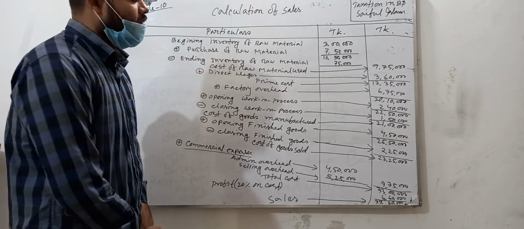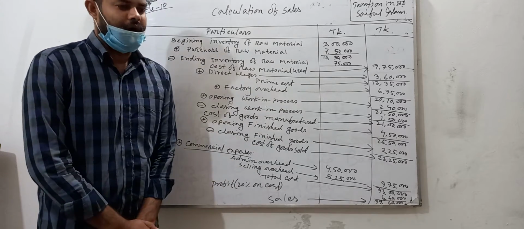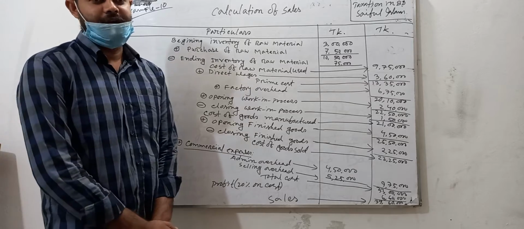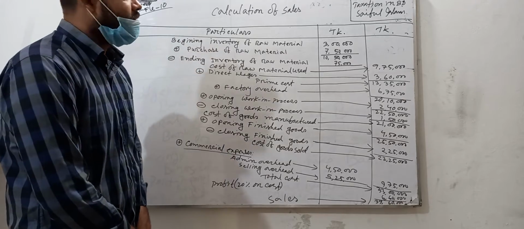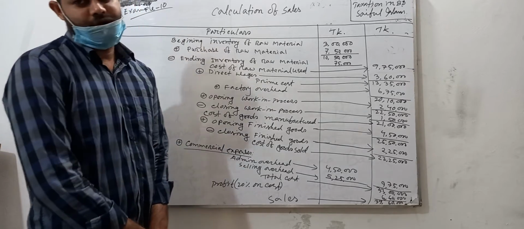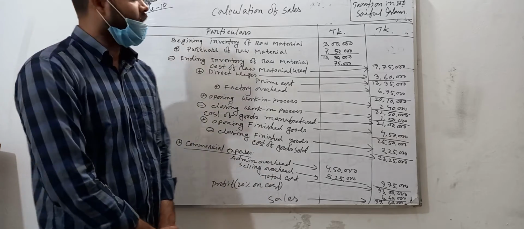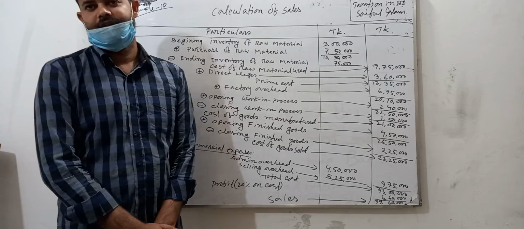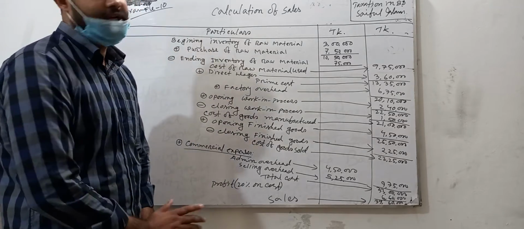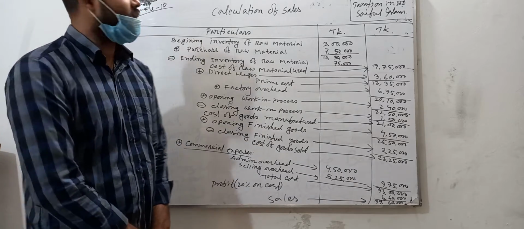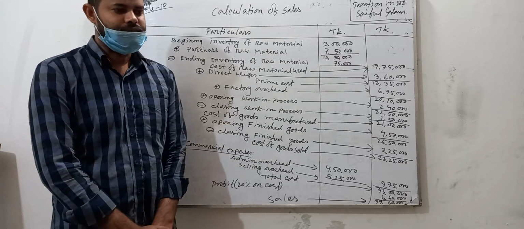Dear student, in the last two classes I discussed VAT and how to calculate VAT. We know that there are two steps in the calculation of VAT. The first step is calculation of sales, and when we get sales, then we calculate VAT.